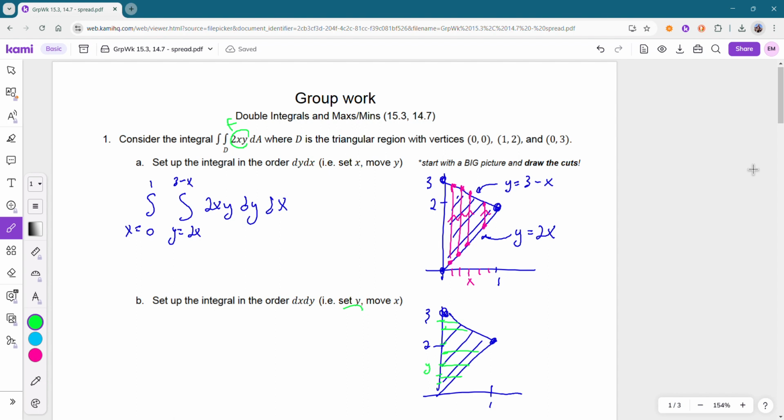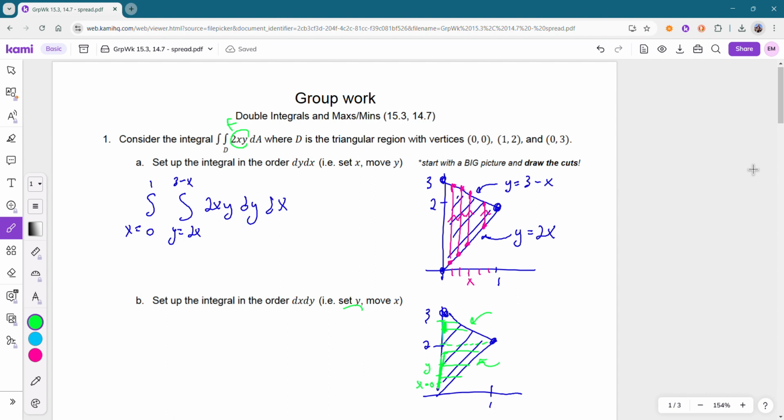And so here we have something different going on. Below y equals 2, we're starting x at 0 and moving it to our line over here. But up above, we're starting x at 0 still, but we're stopping it at this other line. And so we'll need to use two integrals in this order.